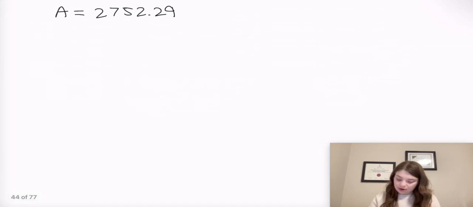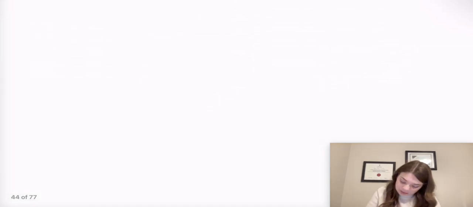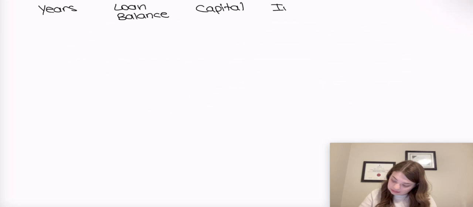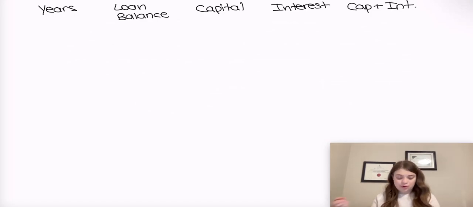So let's write down our categories here. First we're going to have our number of years, then our loan balance, then our capital, also called principal in some cases, then interest, and then our total payment, also known as capital plus interest, which is the total payment made each time with both. Then I'm just going to draw some lines.